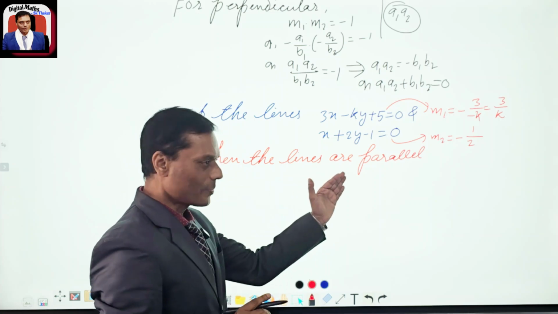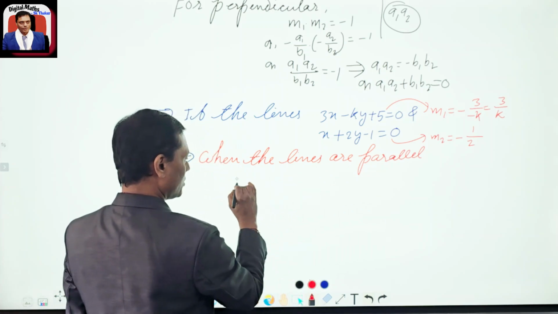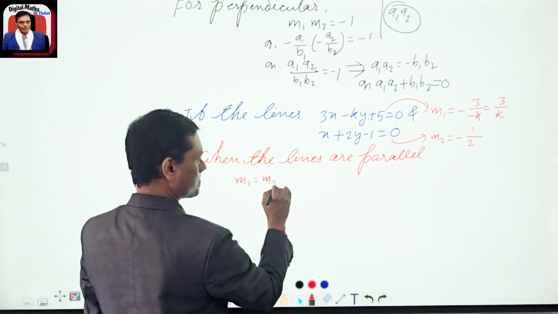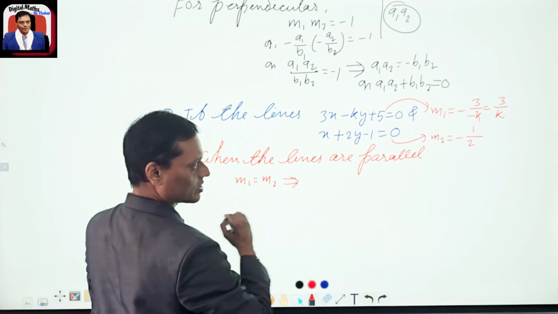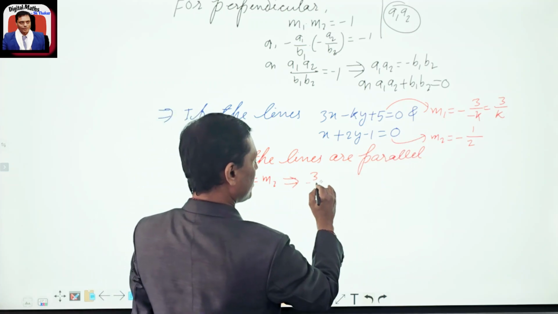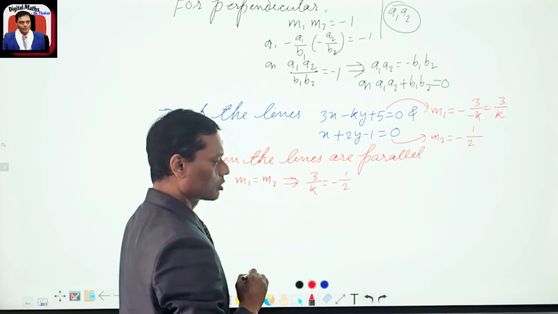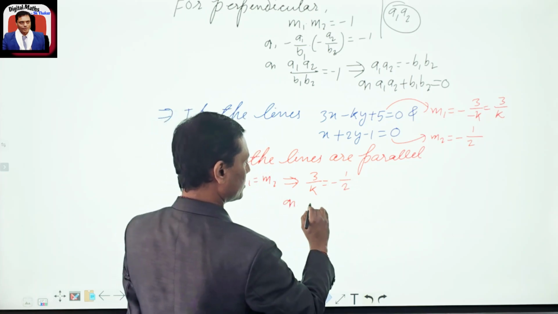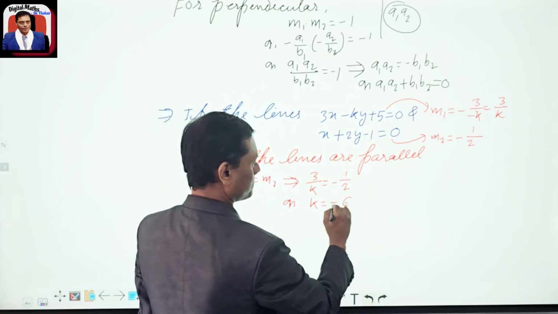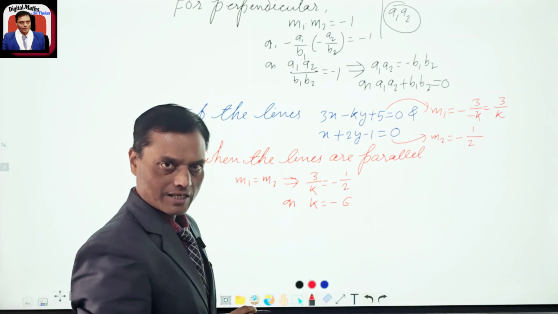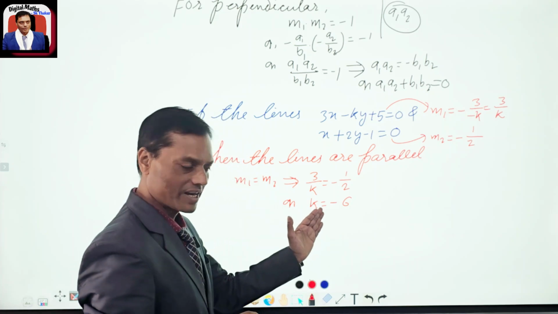So if the lines are parallel, m1 equals to m2. That gives us m1 equals to 3 by k equals to minus 1 by 2. And when you do the cross multiplication, then you can write here k equals to minus 6. So if the lines are parallel, the value of k will be minus 6.